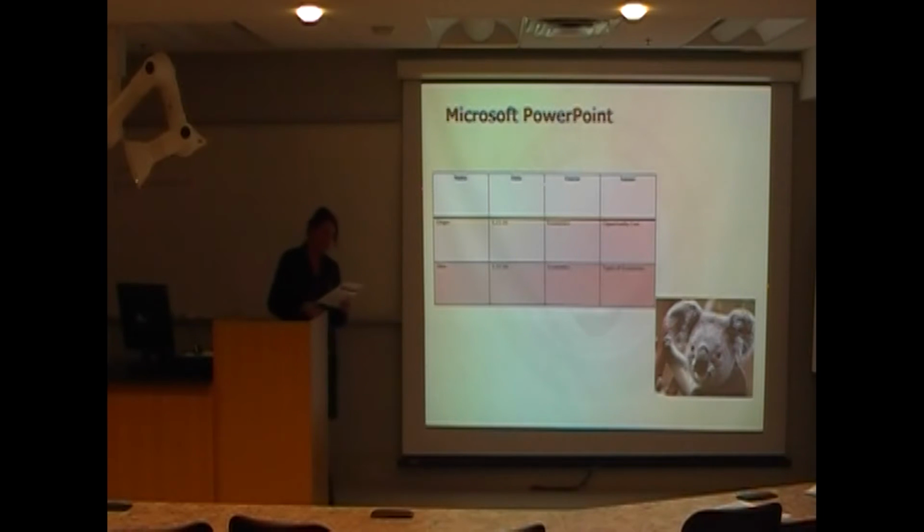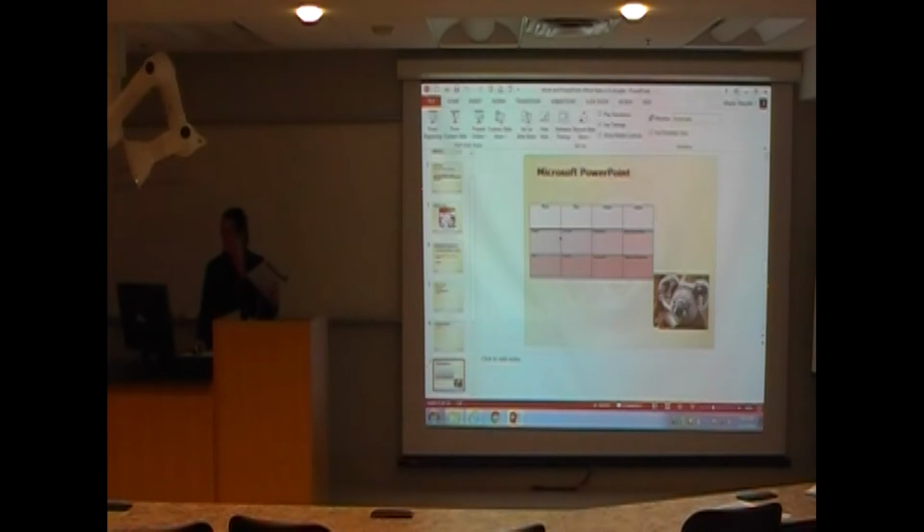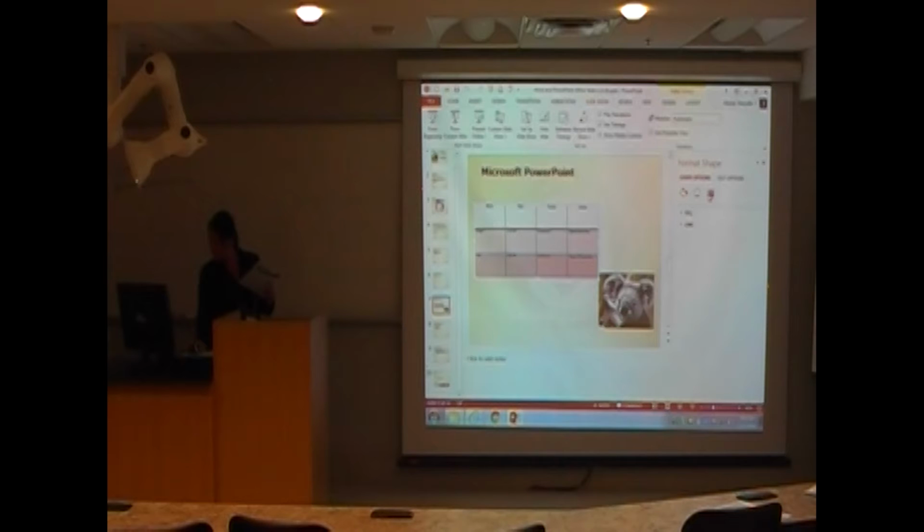You want to provide alt text tags for images and tables. So in PowerPoint, same thing, you can right click on it. That shape, it's right here. And the same thing for the image, format picture, it's this size and properties.